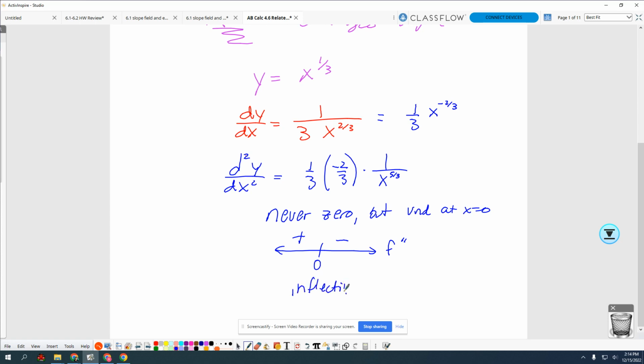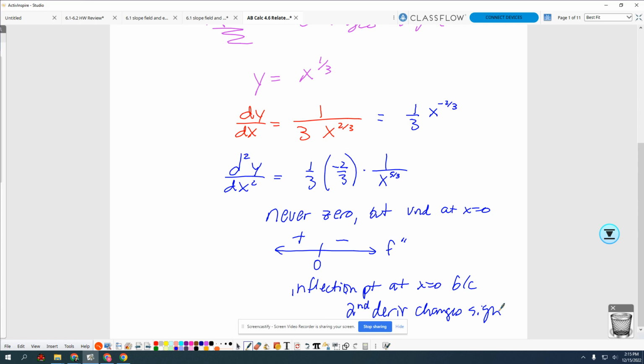Inflection point at x equals 0. Because, what's the reasoning that I'd have to write on the test? Because the second derivative changes sign at the point x equals 0. So inflection point because the second derivative changed sign.